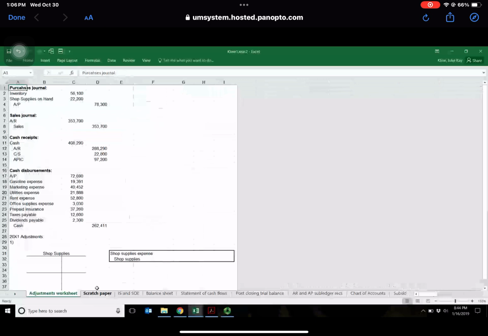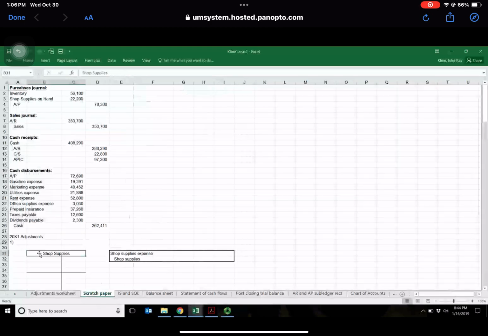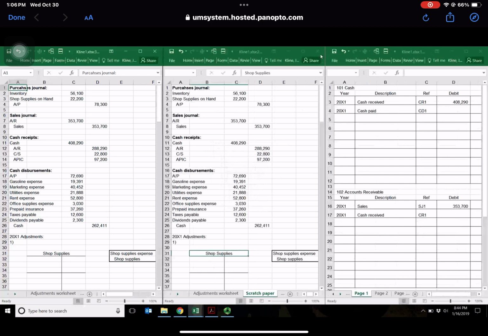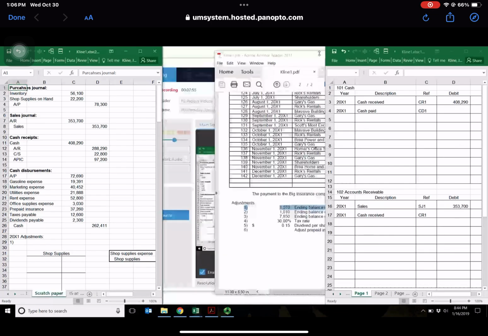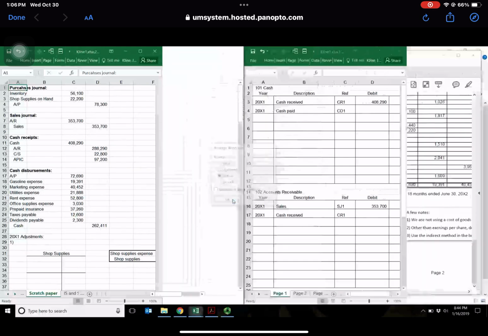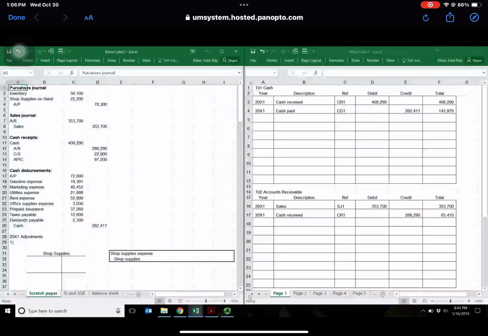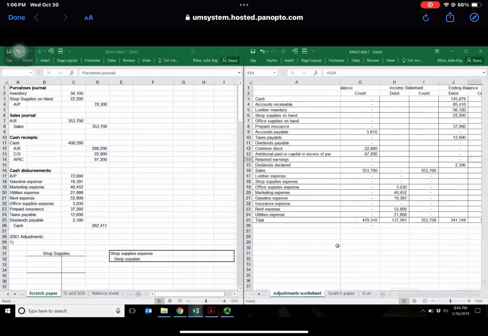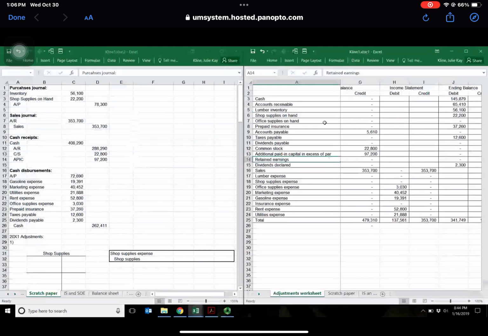If we come over here to the scratch paper, here I have the adjustments. Let me show my worksheet. Where is my shop supplies account?